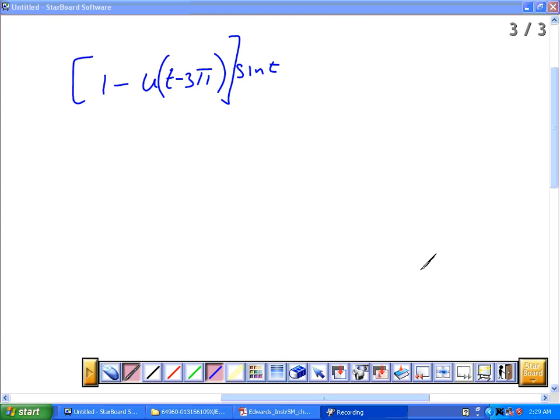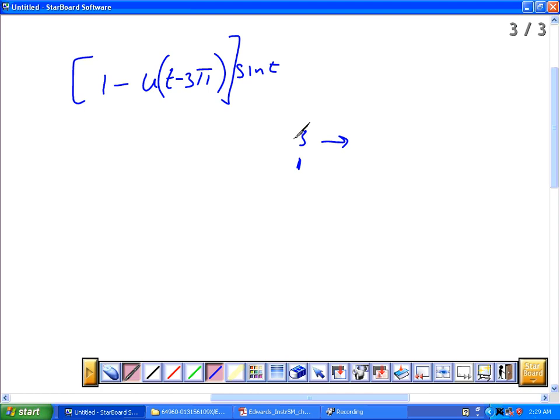Alright, so I'm back. So what we've done here is this. Before, we just had u of t minus 3 pi if we were scooting it straight to the right. But here, in the last problem we started at 3 and went to infinity like this. But if I want to go this direction, then I'm going to do 1 minus this transformation. That will take me back over to 0.